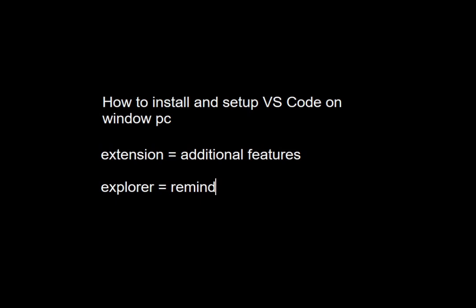Let me make an example. Let's say this is a folder, because before you write any program you need a folder. You need to create a folder on your desktop. You can name this folder something like C folder.